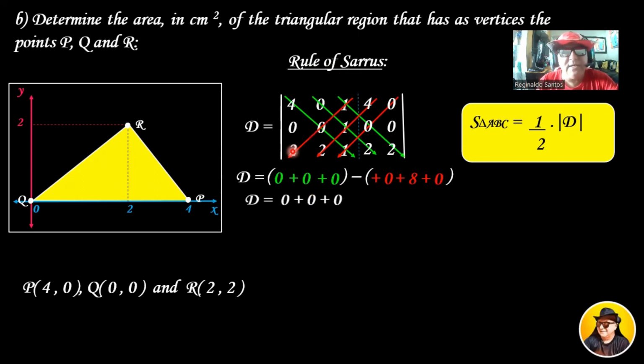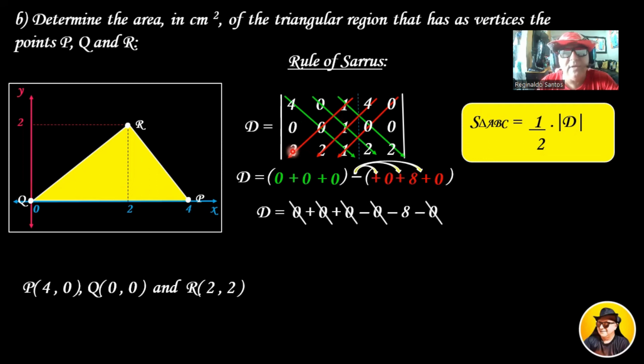So the determinant is 0 plus 0 plus 0, minus times plus is minus 0. Minus times plus is minus 8. And minus times plus is minus 0. Let's cancel out all of those zeros, and the determinant is negative 8.